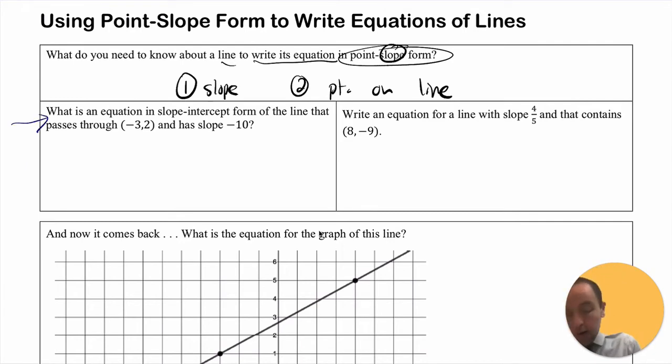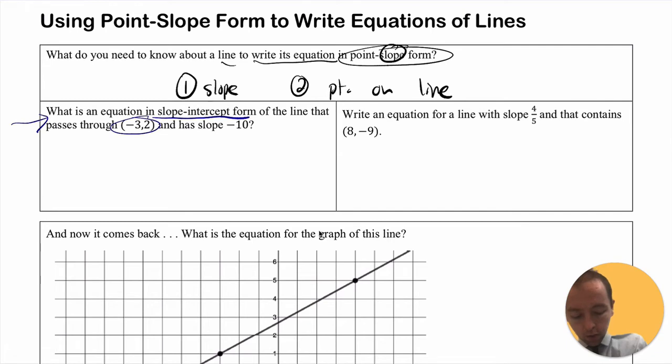So right here, what is an equation in slope-intercept form of the line that passes through -3, 2 and has slope -10? So it's saying, let's write this in slope-intercept form, right? We want an equation in slope-intercept form. But to go in slope-intercept form directly, you'd want to have a y-intercept, and that point right there is not on the y-axis, right?